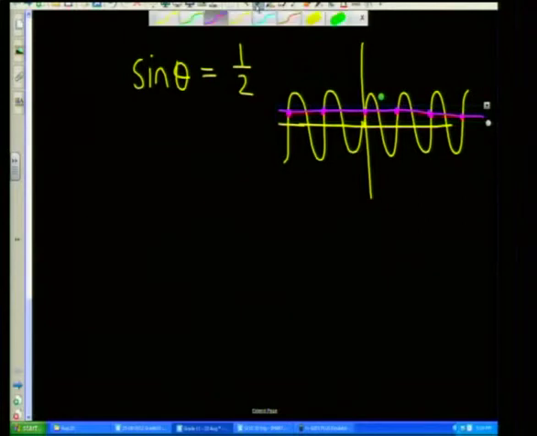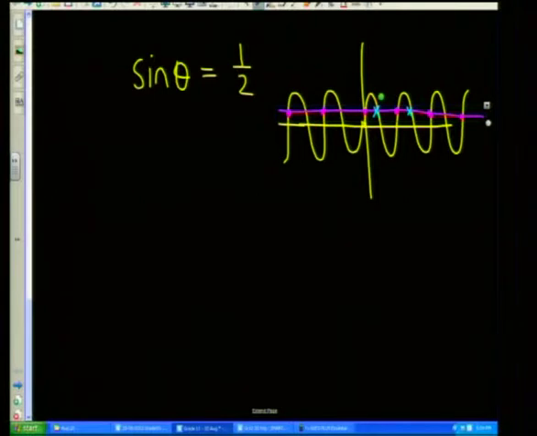At the same time, we're going to have this solution, that one there, that one there, so we have all those possible blue solutions as well. Whenever you're trying to solve for theta, you cannot just write one value. Your calculator, because it's limited, only gives you one value.